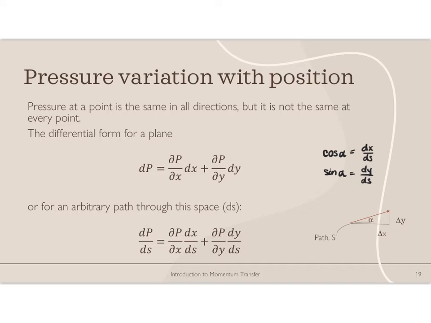Cosine is the adjacent over the hypotenuse. Sine is the opposite over the hypotenuse, and so therefore the cosine of alpha is dx/ds, and sine of alpha is dy/ds.